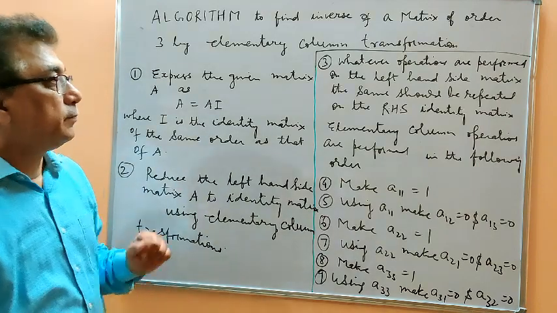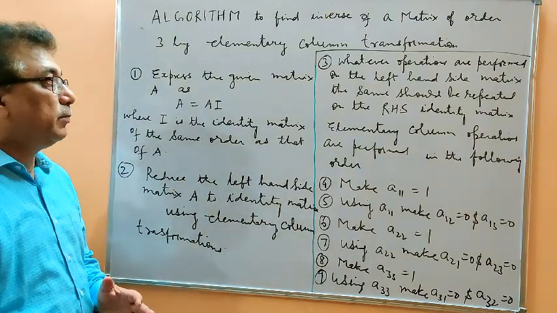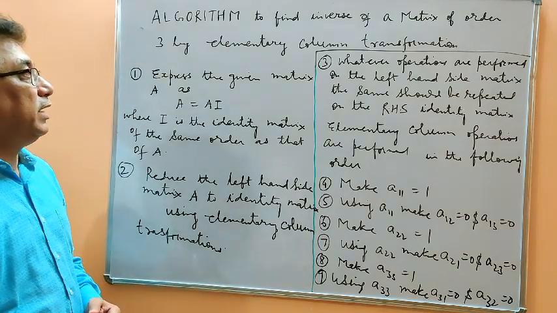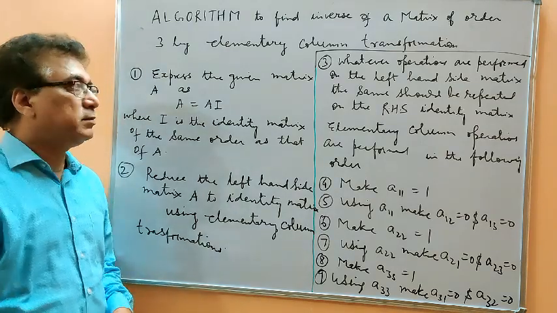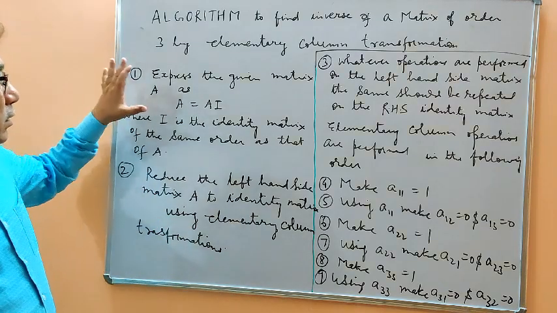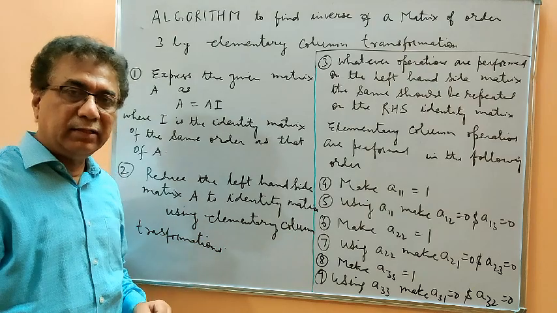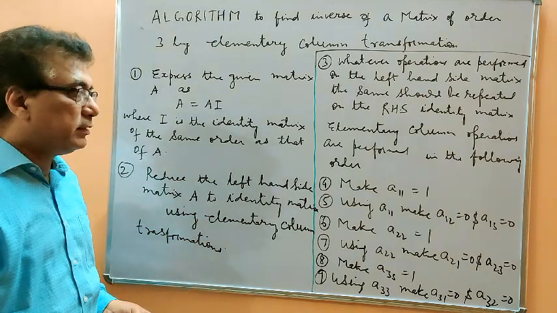Okay, now this is the complete mechanism to find the inverse by elementary column transformation. They are the steps, and they should be followed strictly if you want to get a speedy result.